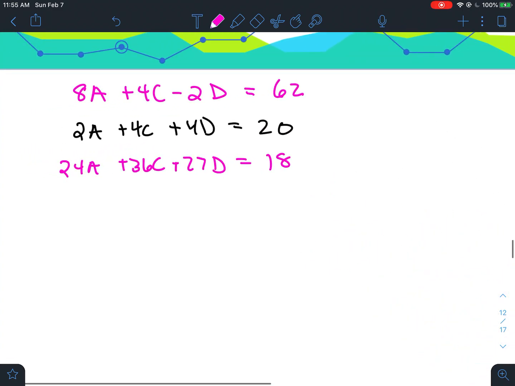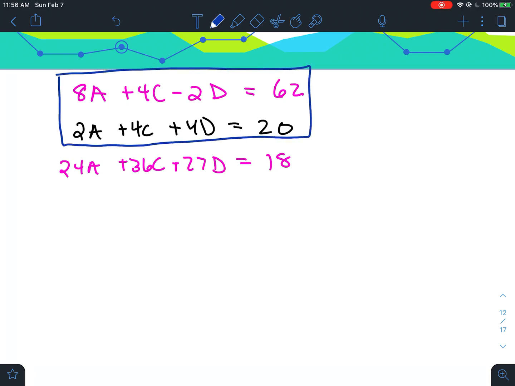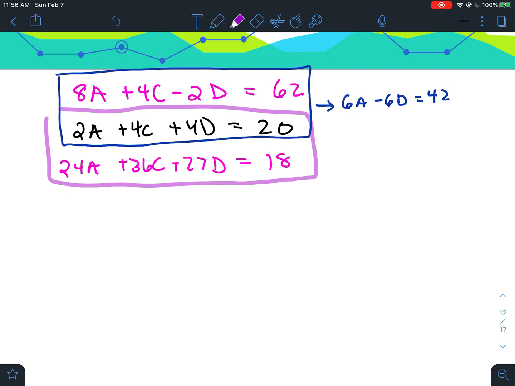So now I have a system of equations with 3 variables. I am going to eliminate my c's. So I'm going to take these 2 equations and subtract them. And I would get 6a minus 6d equals 42. And then I'm going to take these 2 equations. I'm going to multiply the top one by 9.